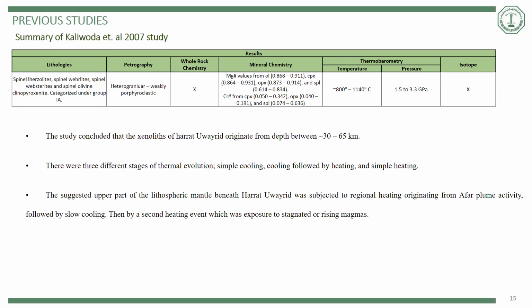This thermal evolution suggested that the upper part of the lithospheric mantle beneath Harrat Uwayrid was subjected to regional heating originating from the Afar plume activity, followed by slow cooling, and then a second heating that came from a regional event, which is interpreted as exposure to stagnated or rising magmas.